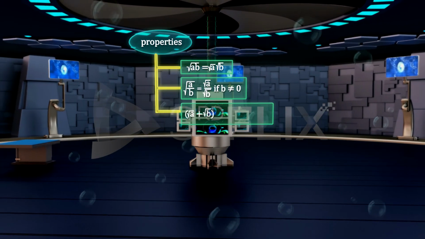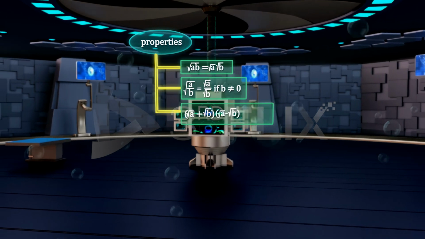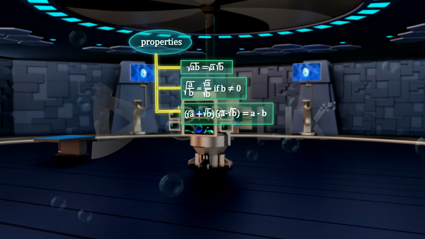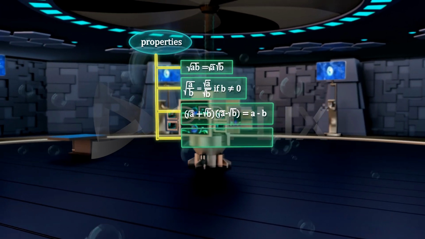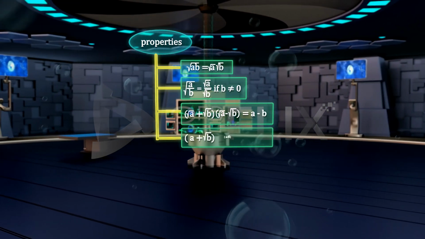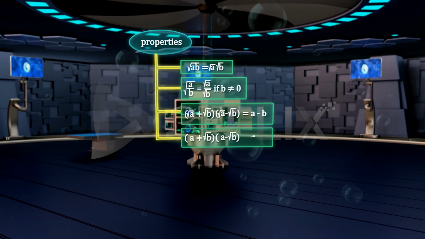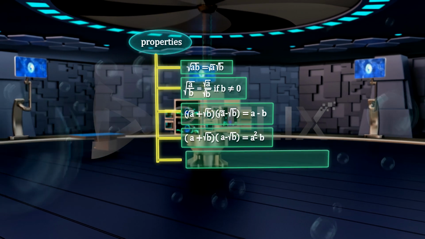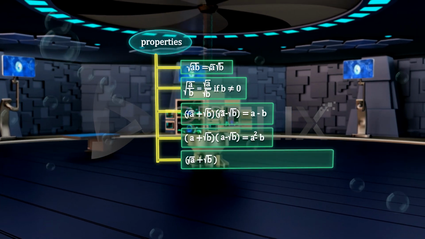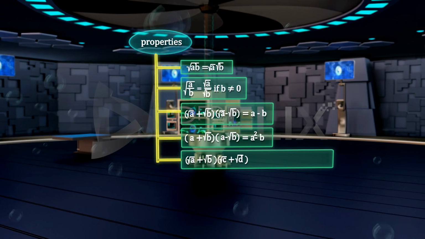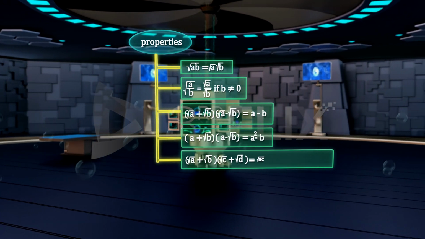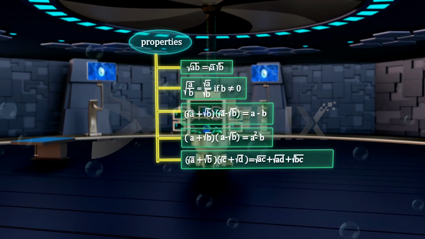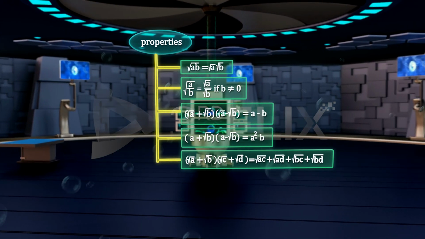Root A plus root B into root A minus root B equals A minus B. A plus root B into A minus root B equals A square minus B. Root A plus root B into root C plus root D equals root AC plus root AD plus root BC plus root BD.